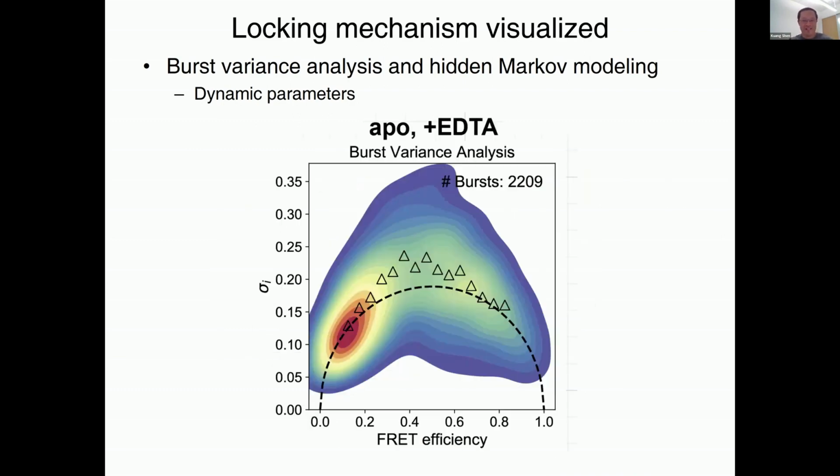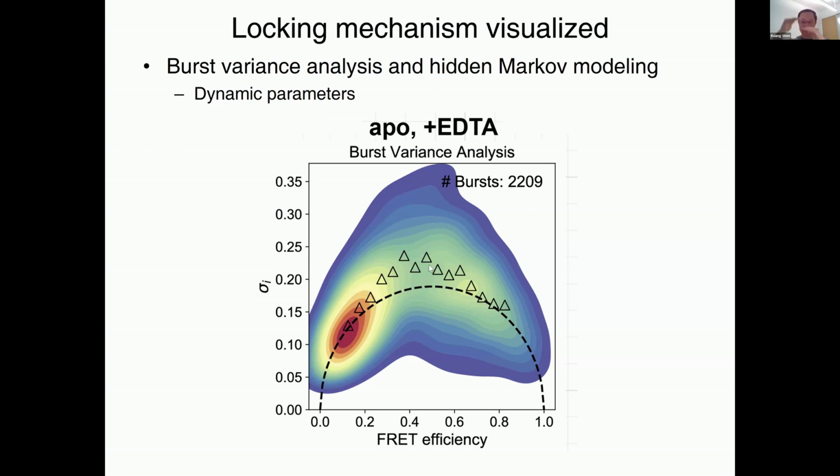And then we apply this idea to our system here and calculate burst variance analysis of the Rag GTPase under different conditions. Here you can see that in the apo state, we don't have any nucleotide bound, and the Rag GTPases fall apart from each other. In the burst variance analysis here, the triangle means the actual experimental data, and the semicircle is the theoretical limit.